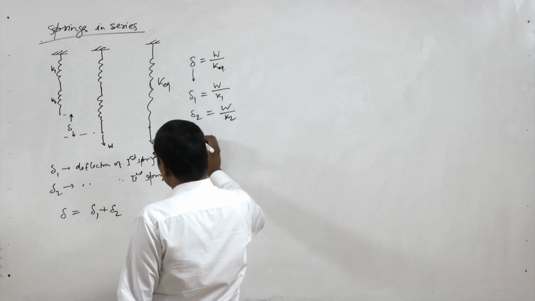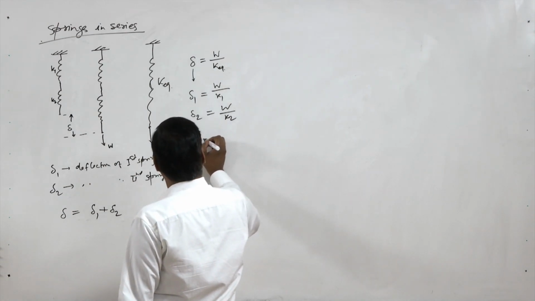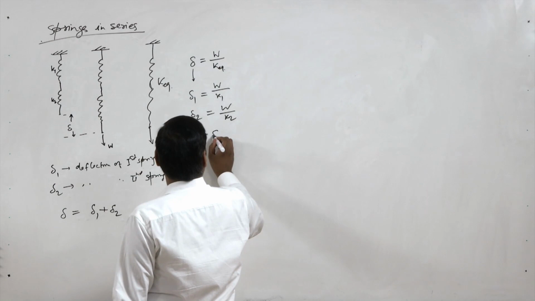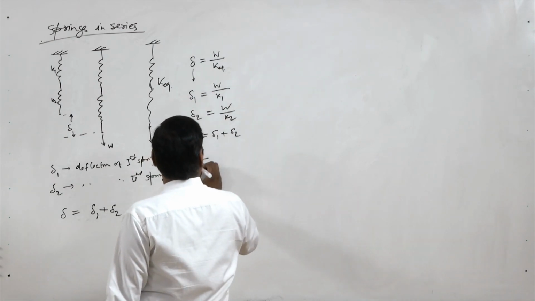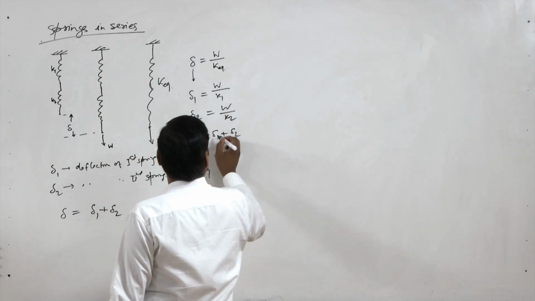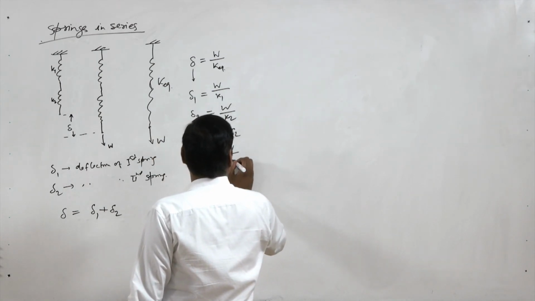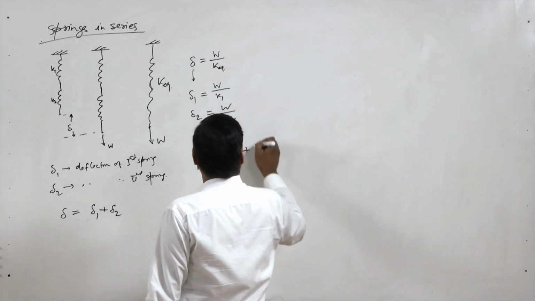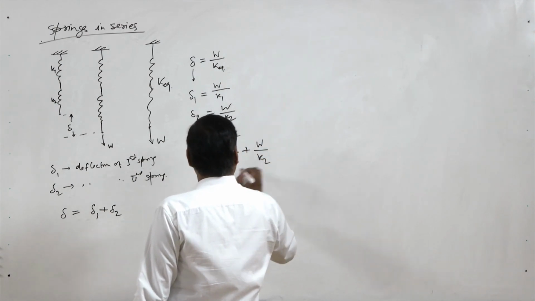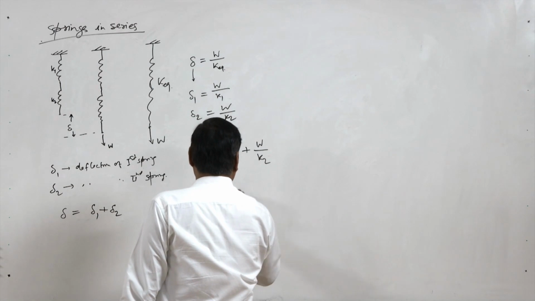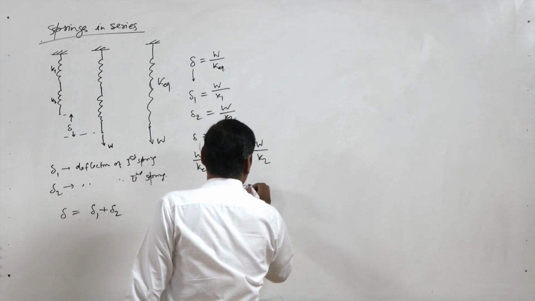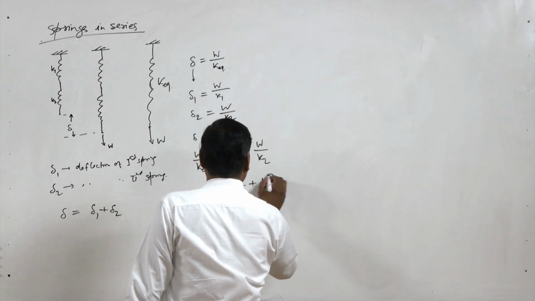So here delta equals delta 1 plus delta 2. We write delta equal to W by K equivalent, delta 1 equal to W by K1, and delta 2 equal to W by K2. So we can write that 1 upon K equivalent equals 1 by K1 plus 1 by K2.